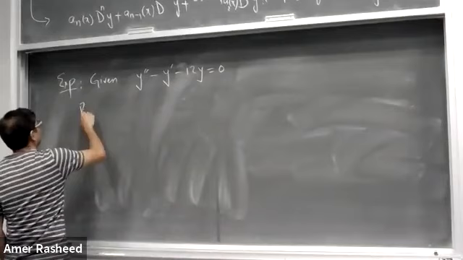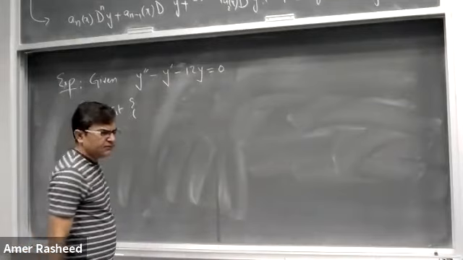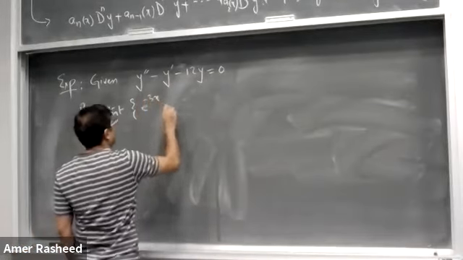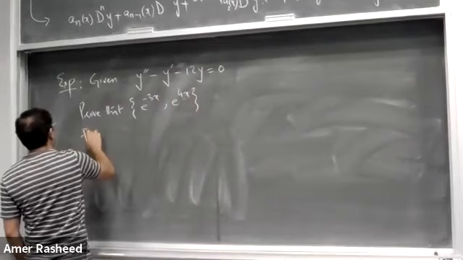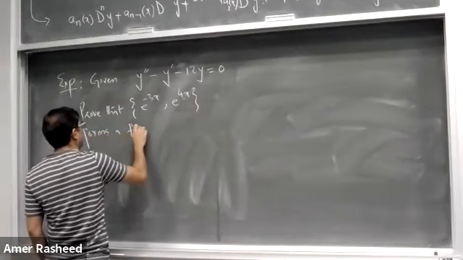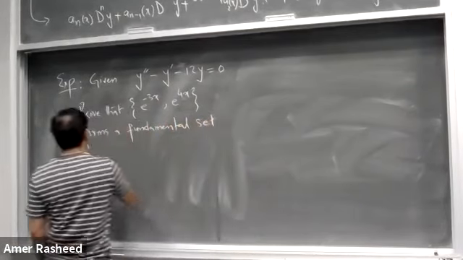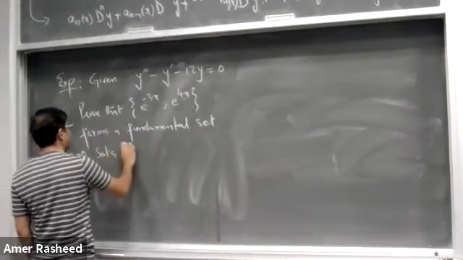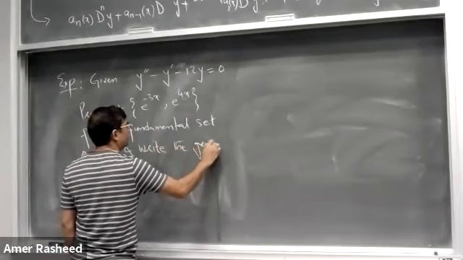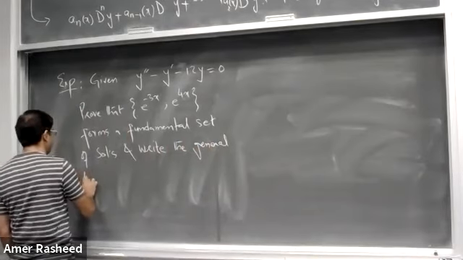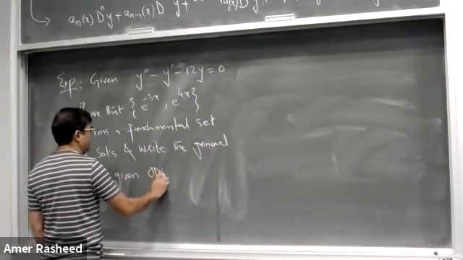Prove that the set e raised to the power negative 3x and e raised to the power 4x forms a fundamental set of solutions and write the general solution of the given ODE.